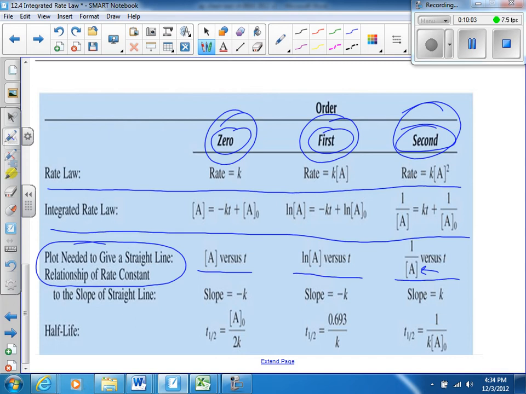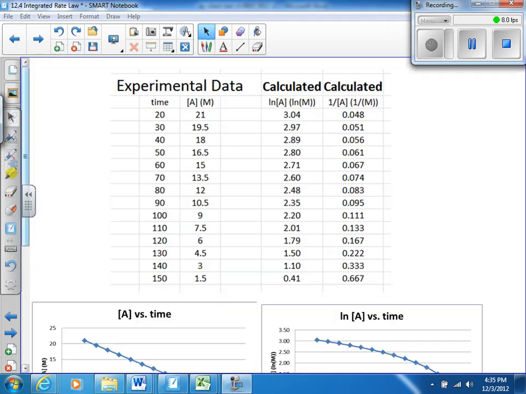And we can always find the specific rate constant from these data by the slope. So 0 order, the slope is negative k. First order, the slope of that straight line would be negative k. Second order, the slope of that straight line would be k. Do not worry yet about the half-lives. We will talk about that in a bit.